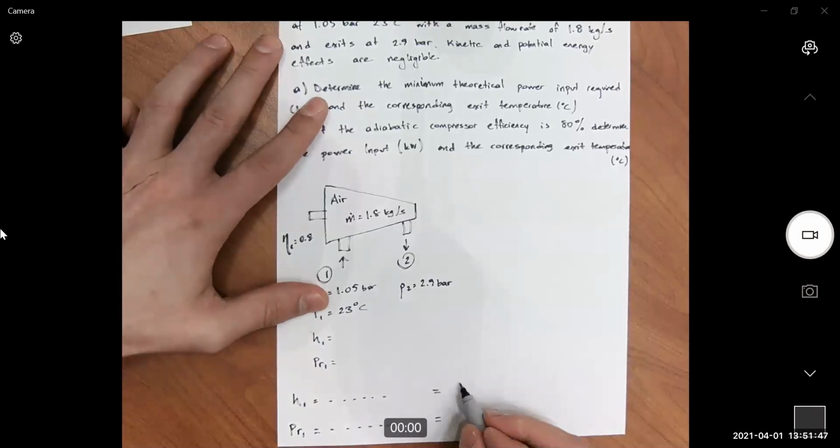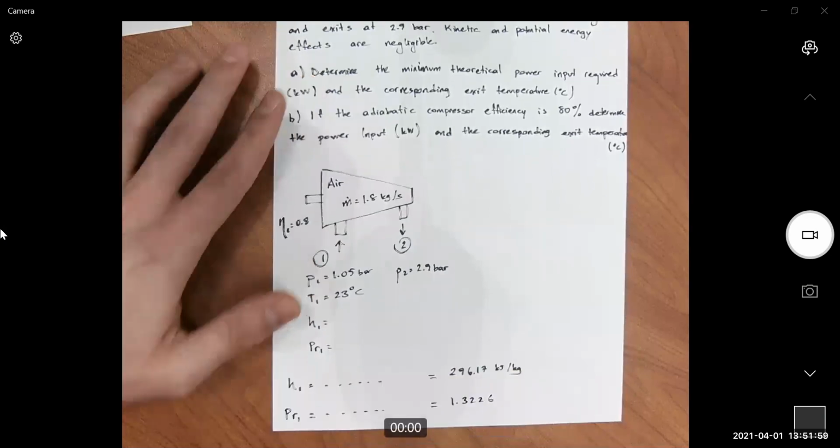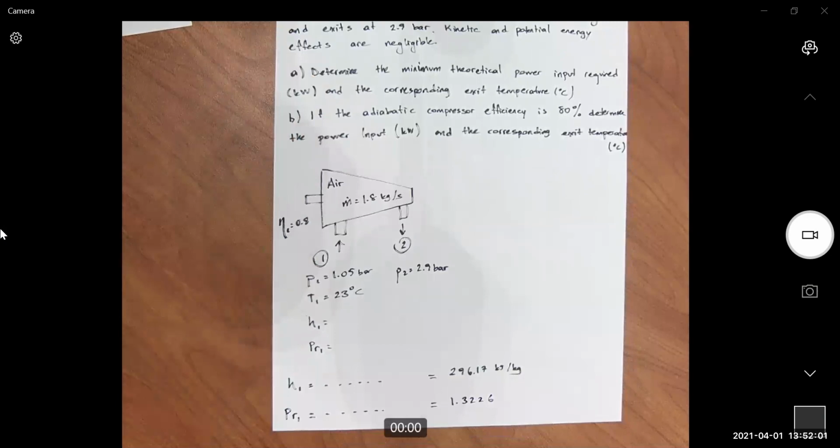H1, PR1. You can do the interpolation. H1 is 295.17 kilojoules per kilogram. PR1 is 1.3226. You can also find your VR, U1, S1. Okay? So I know what I need for this problem.